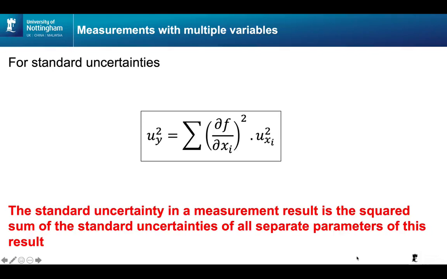And in terms of uncertainties, if we say that our uncertainties are modelled by the standard deviation, remember it could be the standard error of the mean, then again, the uncertainty squared is just the sum of the partial derivative squared times the uncertainty term squared. So the standard uncertainty in a measurement result is the squared sum of the standard uncertainties of all the separate parameters for this result.